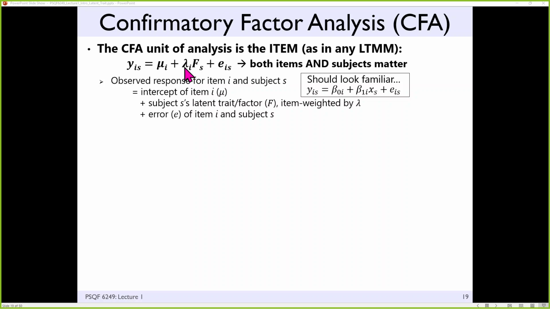So a negative loading would mean that as your trait goes up, your response goes down, like it's backwards. This is called discrimination as a construct, and it's an empirical way to answer the question, is each item actually doing what it's supposed to do? And you can compute effect sizes the same way you would in a regression model for the strength of this relationship.